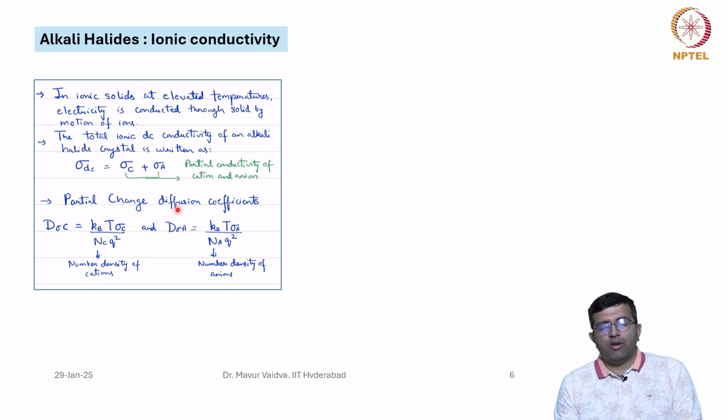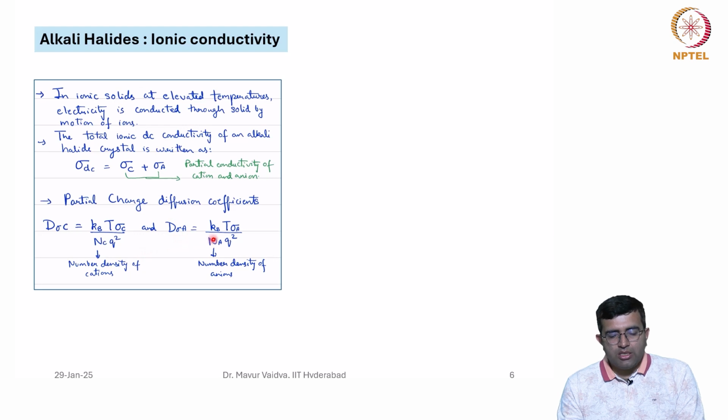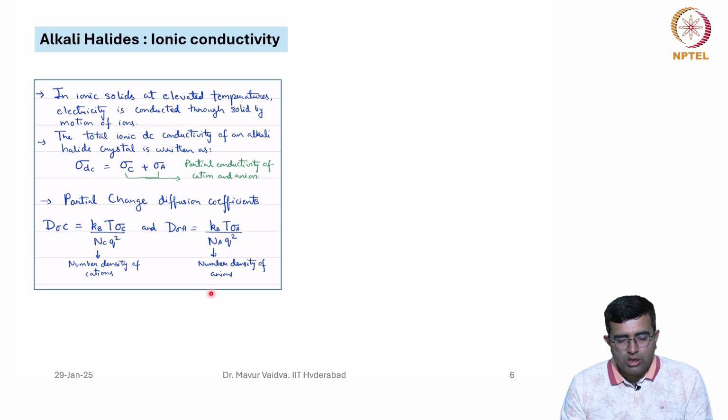So, therefore, you can write the partial charge diffusion coefficients, which is D_sigma,C equal to k_B T times sigma_C divided by N_C q squared, where N_C is the number density of the cations. Similarly, you can write D_sigma,A is equal to k_B T times sigma_A divided by N_A q squared.